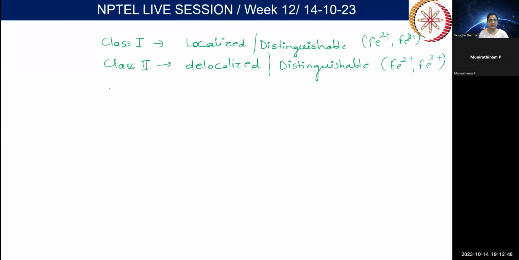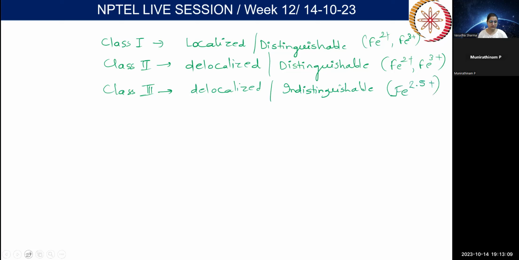In the last class, it is delocalized, that means the electron transfer has happened, but due to the average oxidation state, they become indistinguishable because both of them are now existing as 2.5 oxidation state.